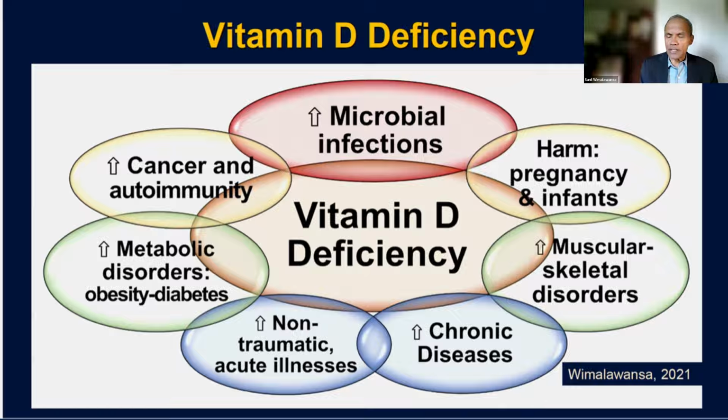Chronic diseases, we discussed cancer, autoimmune diseases, etc. And other non-traumatic acute illnesses also increase with vitamin D deficiency. And indeed the metabolic disorders, well known being diabetes and obesity.